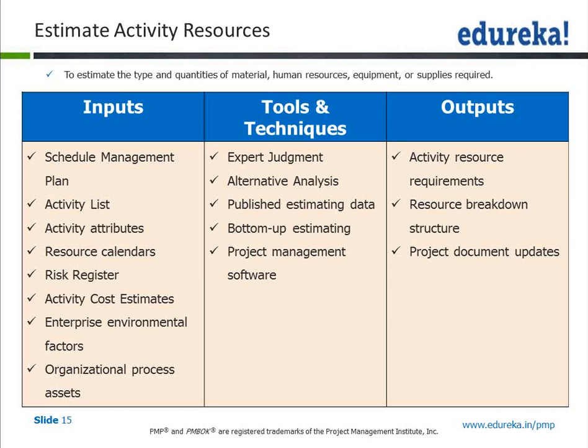So estimate activity resource is this activity. This particular process is to estimate the type and quantities of material, human resource, equipment or supplies required. So once you have got the list of activities, then what you have is the dependencies between those activities to define what is the duration of the project.